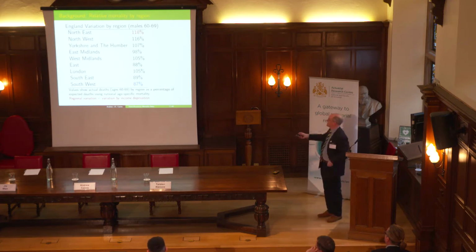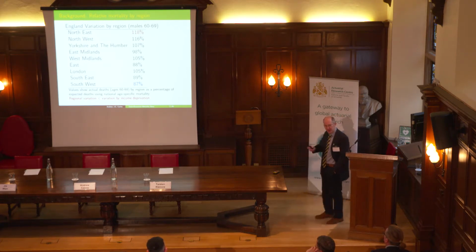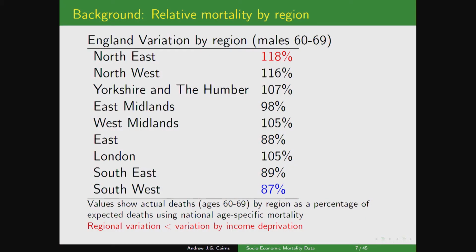So what we find is that in the northeast, the actual deaths are at 118% of what we would expect if everybody was exposed to the same rate of mortality, and in the southwest of England, it's down at 87%.